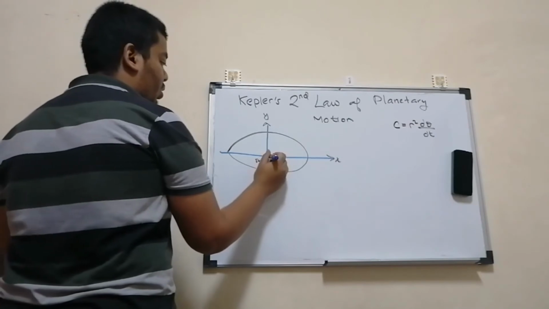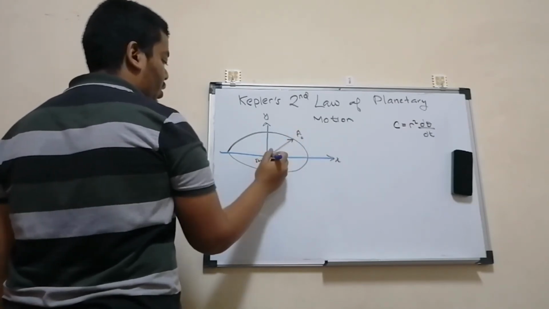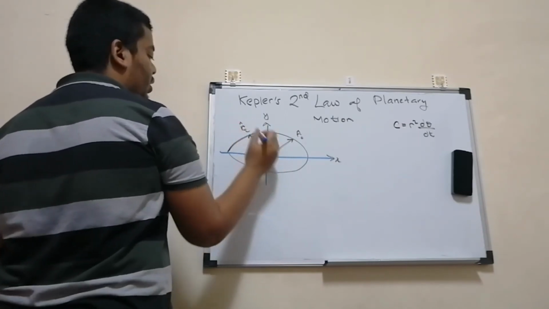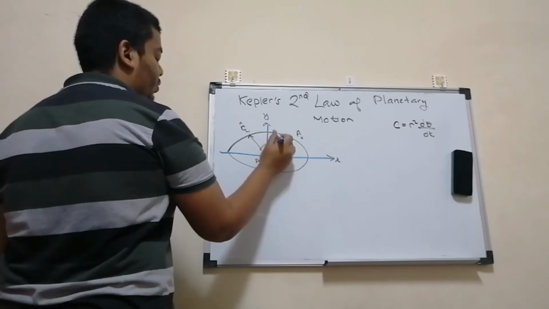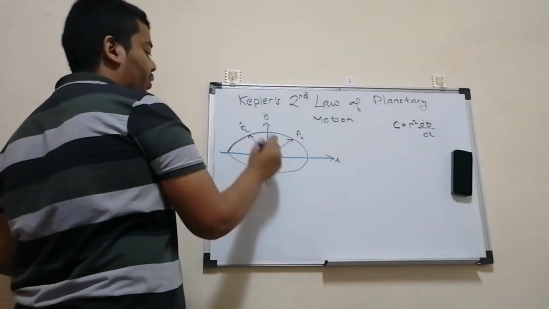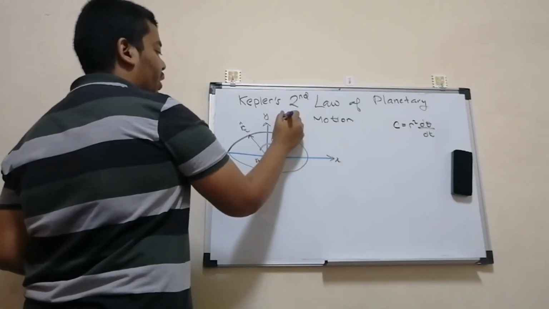This is a polar graph, and this is our initial, and this is, for example, at the time t, this is the angle. Now, the area, we are concerned with this area, okay? This particular area. I've labeled this area as A of t.